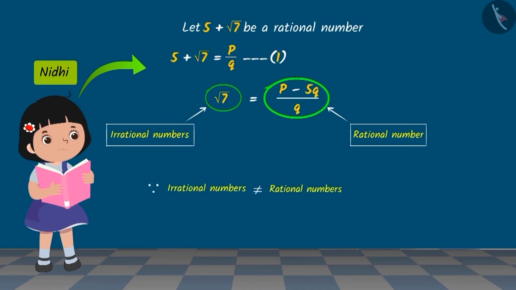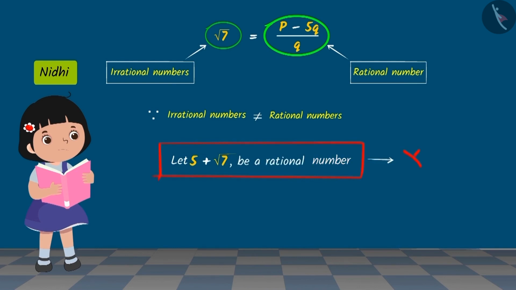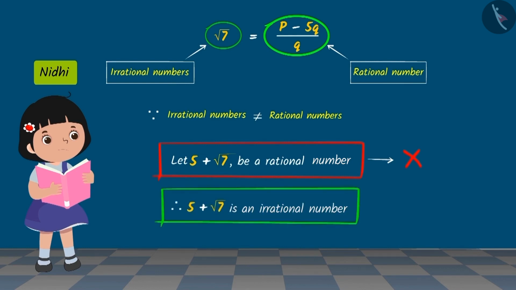But this is impossible because irrational numbers cannot be equal to rational numbers. Hence, Nidhi tells Riddhi that the assumption that 5 plus square root of 7 is a rational number is wrong because what we have obtained here is contradictory to it. Hence, we can say that 5 plus square root of 7 is an irrational number.